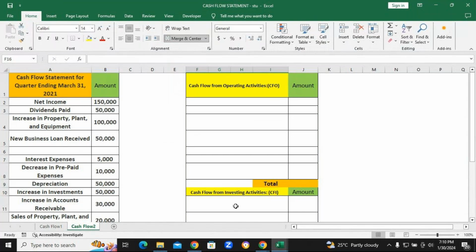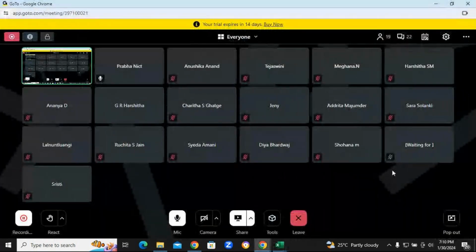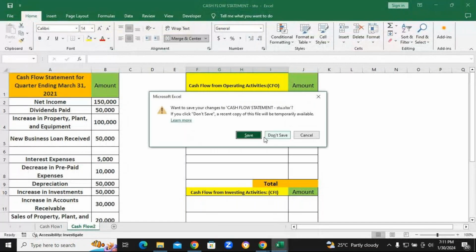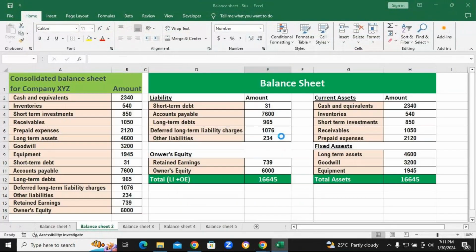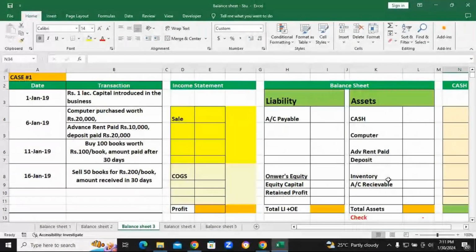Okay, now let's go with the balance sheet. I wanted you people to open up balance sheet 3.